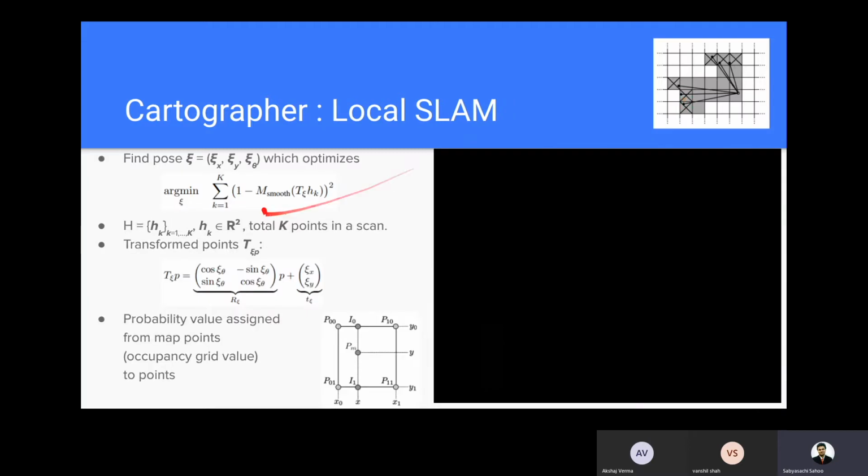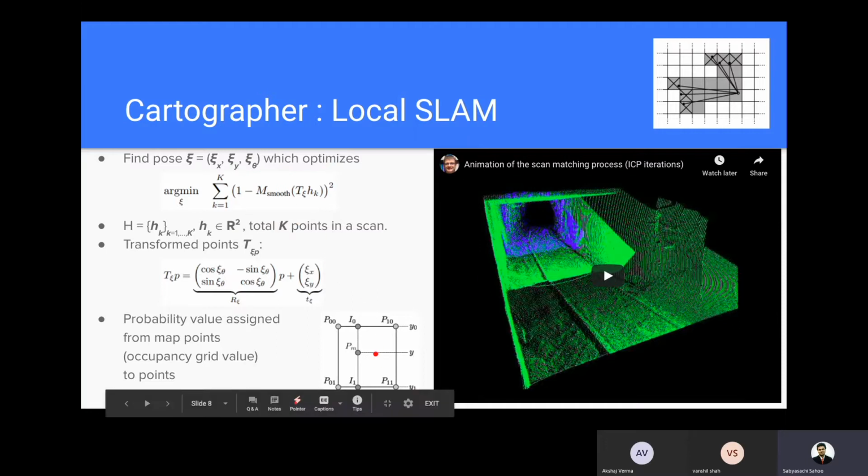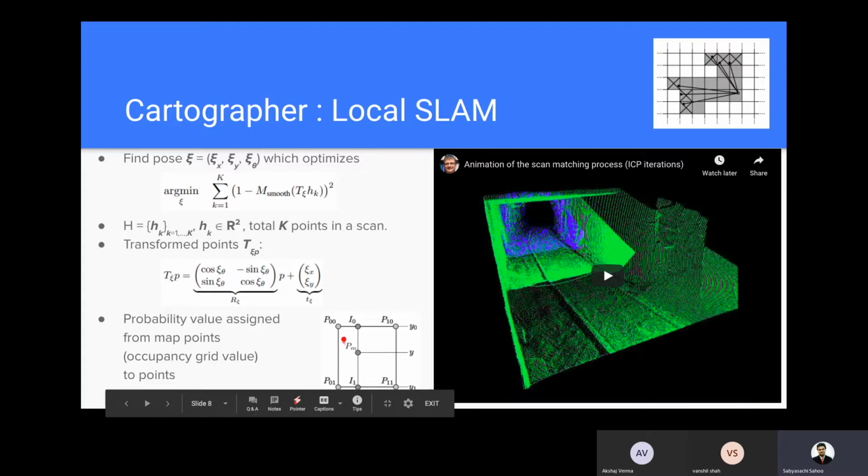So we understand why that happens in Hector SLAM, right? Because this may be a non-convex surface and it could result in local optima. Why is it non-convex? By the way, you can see that this is a squared norm here, but still the reason I'm calling it non-convex is that the correspondence may not be perfect.